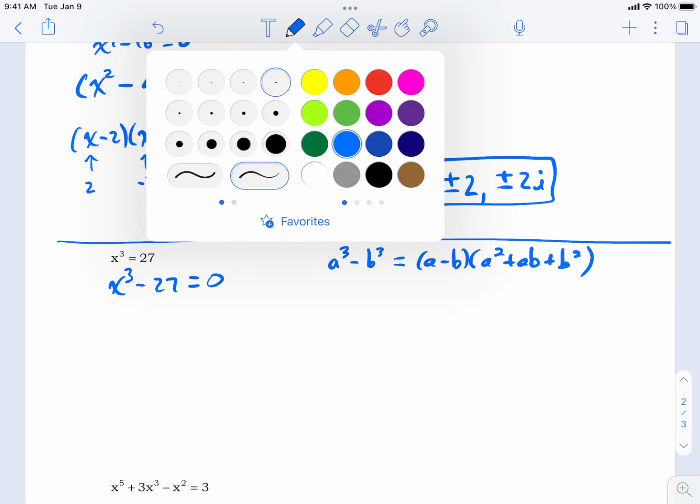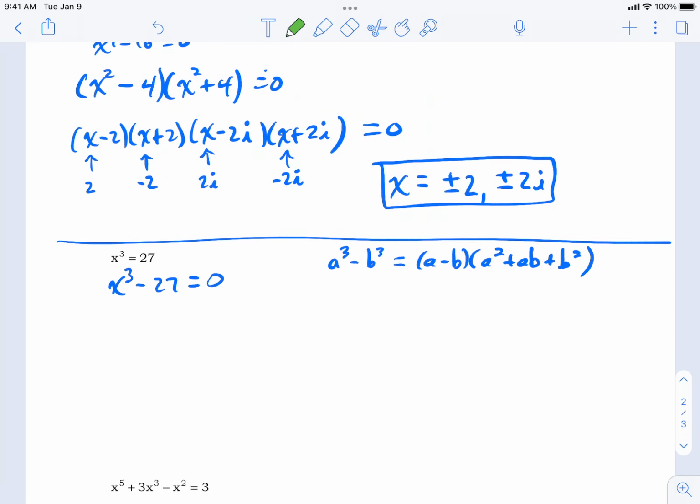Okay, cool. What have we got? We've got x cubed minus 27. So the a corresponds to the x, and the b corresponds to what times itself, right? So this is 3 times 3 times 3. So the b is 3.